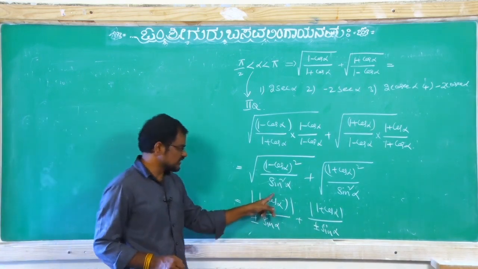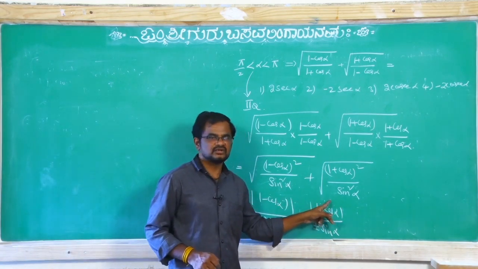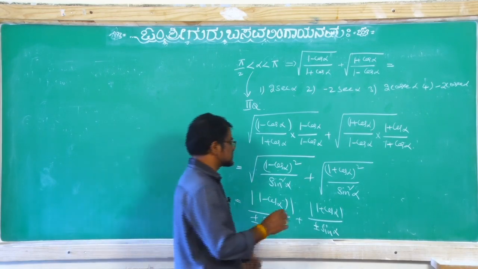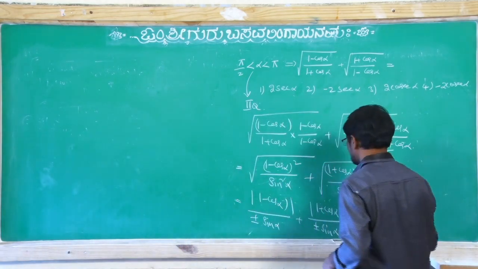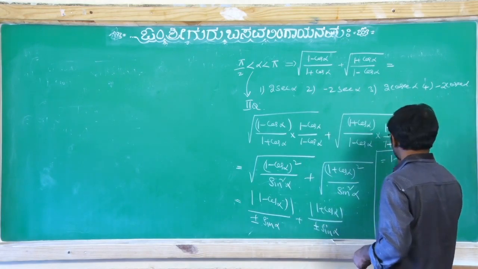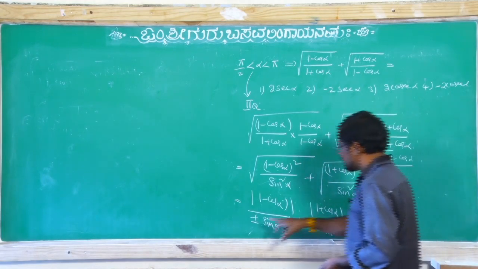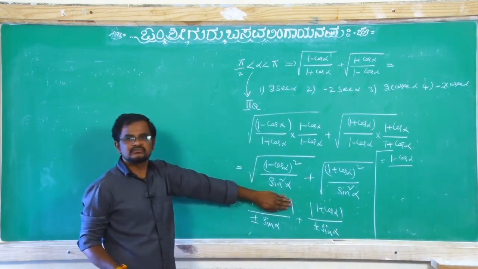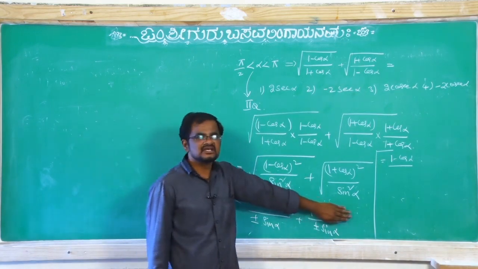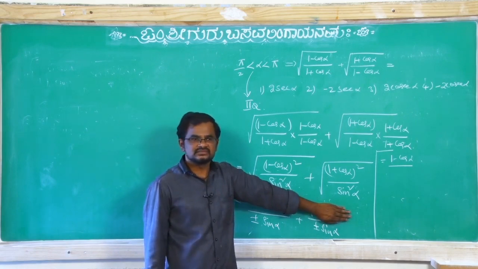This is minus 1 to 1, this is also minus 1 to 1. These two positive, that is equal to what? So that is equal to 1 minus cos alpha divided by, but plus or minus. So this is always non-negative. This is always non-negative, right?